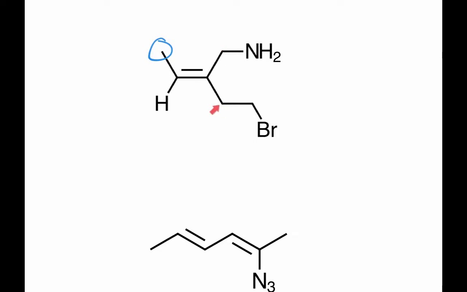Here, the highest atomic number atom off of that carbon is another carbon. So I have carbon versus nitrogen, and so the nitrogen wins, and so the higher priority group is going to be up there. Again, look at it with respect to that double bond fence, and we see that we have the two higher priority groups on the same side, on the Z side of the double bond fence. So this is going to be a Z isomer.